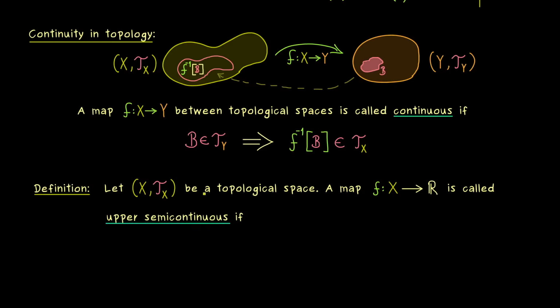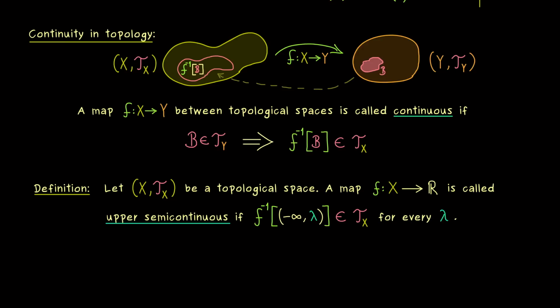And as the name suggests, this should be a special case of a continuous function. This means that we don't look at all the pre-images of open sets, but just at some special ones. Indeed, we take the interval from -infinity to a given real number lambda. And now this pre-image should be open in the topological space X, no matter which lambda in R we choose.